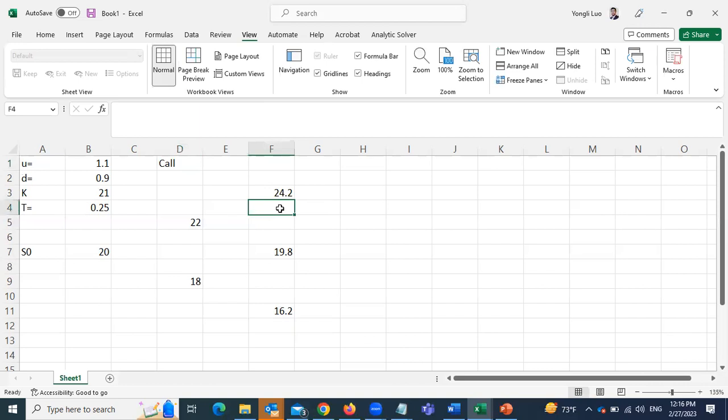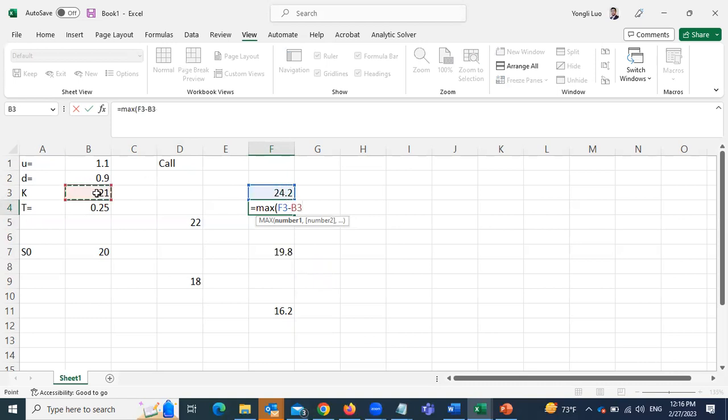Because the strike price is 21, right? For a call option, the price is the maximum of the current stock price minus the strike price, and 0. Which one is greater? That is going to be the option price.